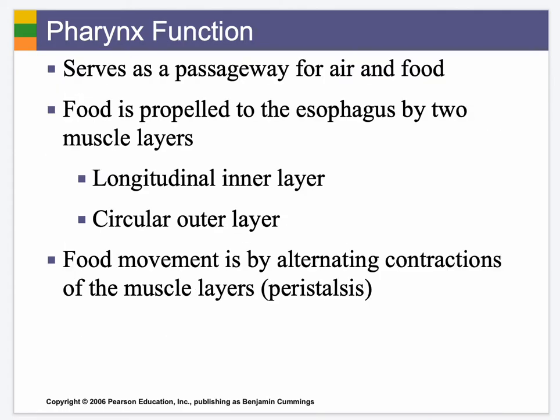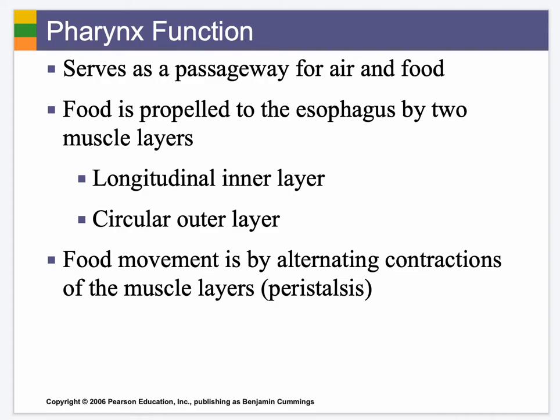So, para saan ba yung pharynx? It serves as a passageway for air and food. The food is propelled to the esophagus by two muscle layers, your longitudinal inner layer and your circular outer layer. Malalaman nyo yan sa histology.